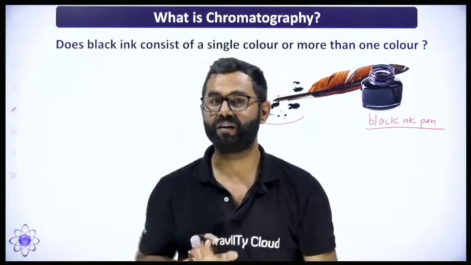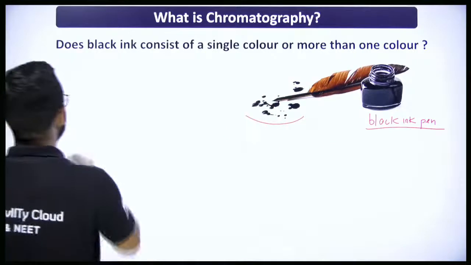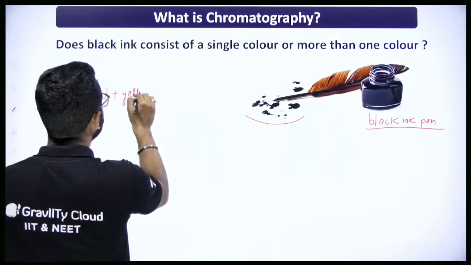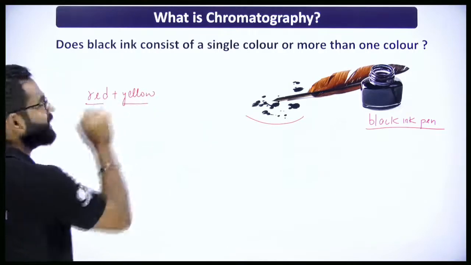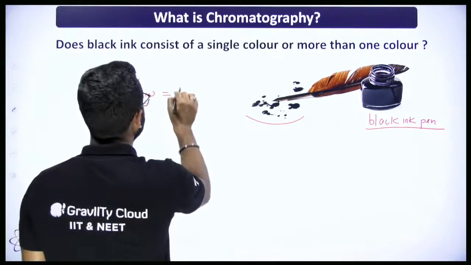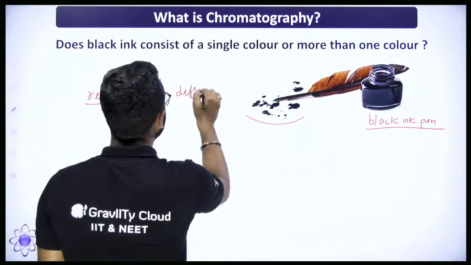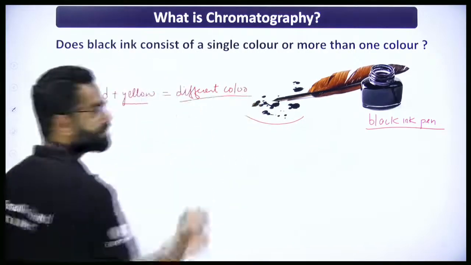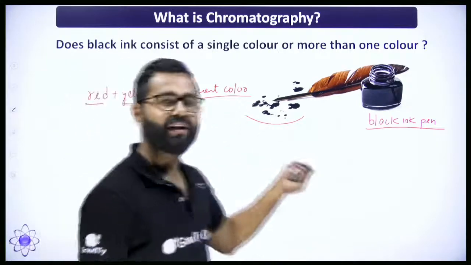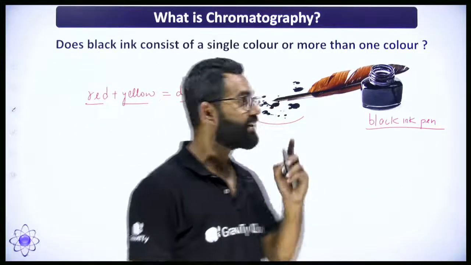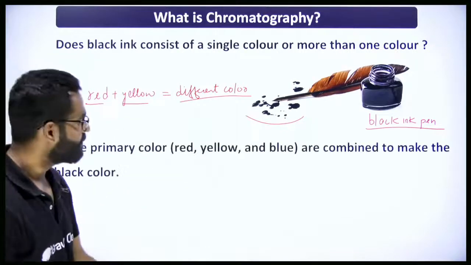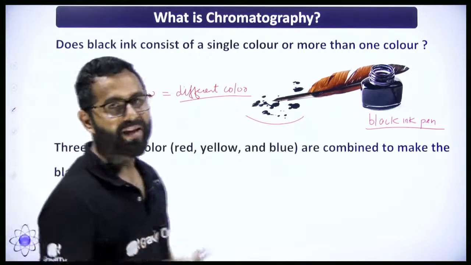Suppose, for example, if I combine red color with yellow color, I will get a different color. So if I combine red with yellow and combine these two colors with blue color, I will get the black color.